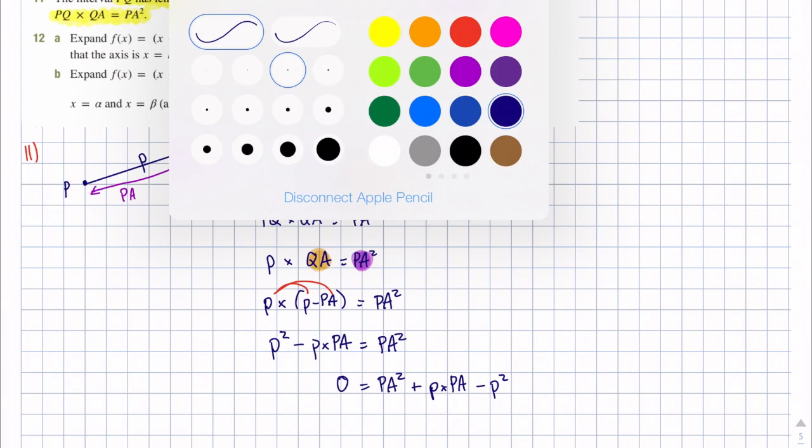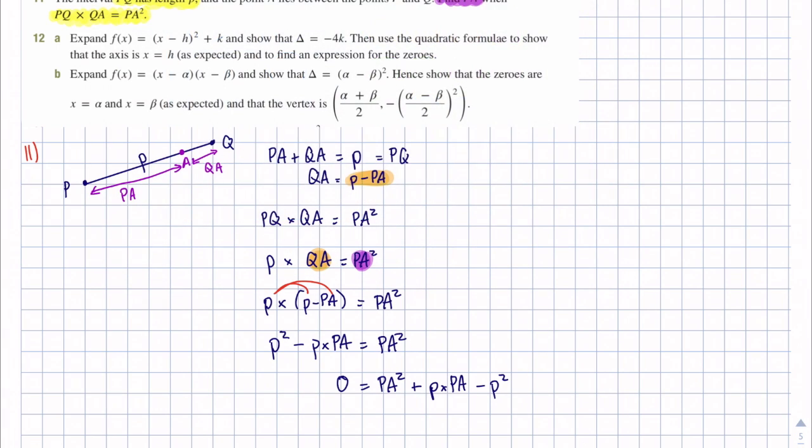Now, if I were to rewrite this with x instead of PA, then I've got 0 equals x squared plus px take p squared. Now, I don't know what p is, but I'm assuming that I'm just going to find x, or PA, in terms of it.